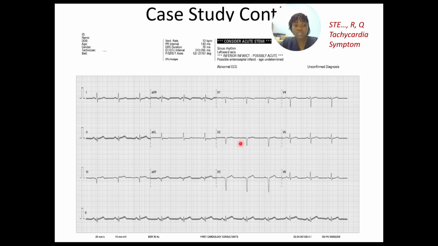This indicates the presence of infarcts in these areas, the Q waves appearing, and this infarct, as we know, is irreversible. There's also loss of R waves, as you can see in these leads, the three in the anterior leads.